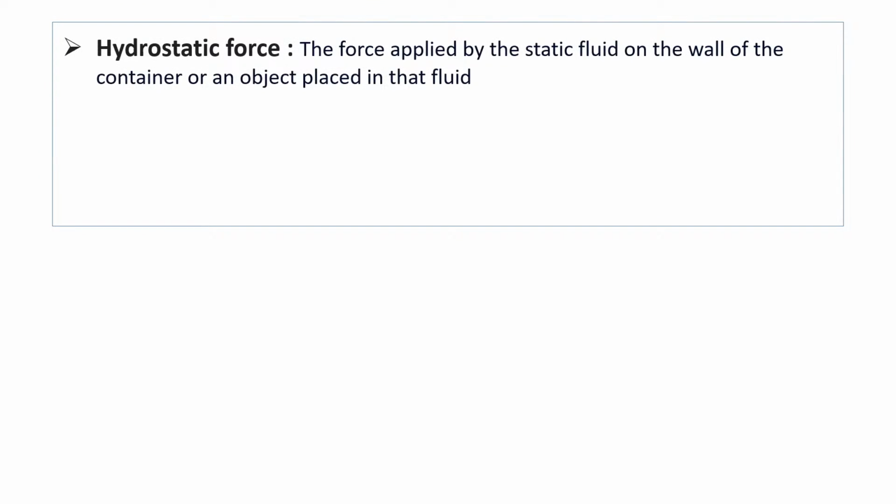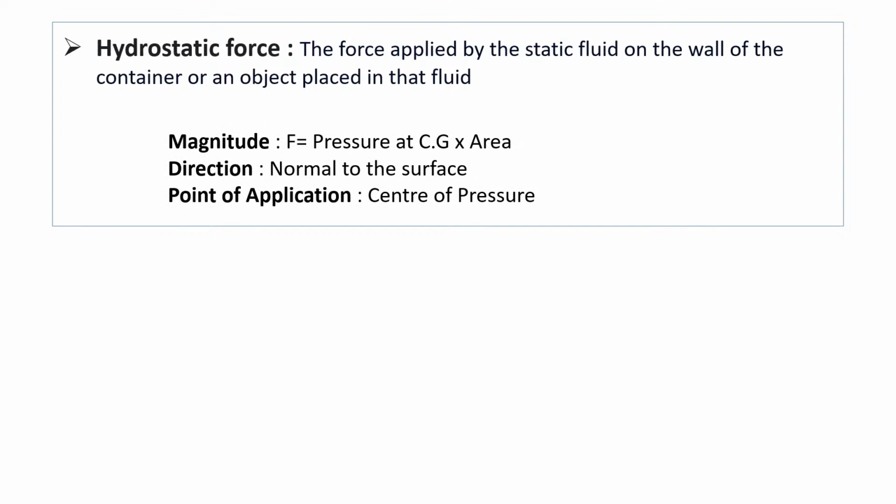Then let's move to the hydrostatic force. Hydrostatic force is force because of the pressure. In some books, they write this hydrostatic force as total pressure or total pressure force. Whenever we are talking about force, we need three things: magnitude, direction, and point of application.